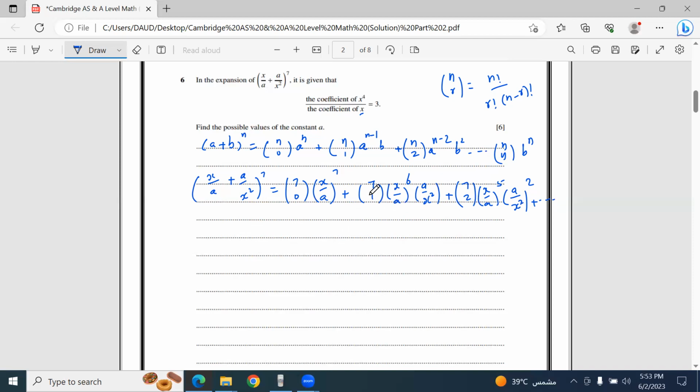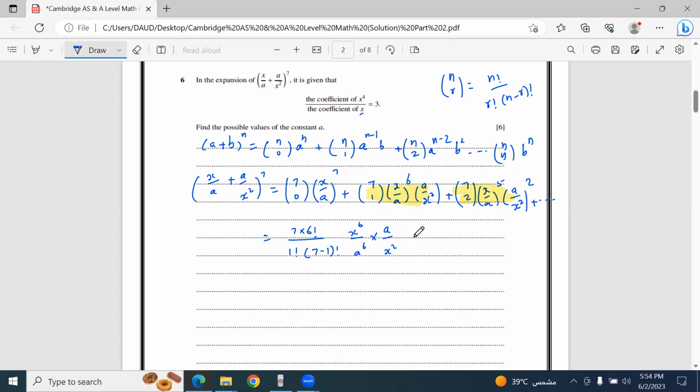We need the coefficient of this. So I simplify 7C1, which means 7 factorial over 1 factorial times (7 minus 1) factorial, that is 7 multiplied by 6 factorial, times x^6 over a^6 multiplied by a over x^2. And the next term is 7 multiplied by 6 multiplied by 5 factorial.